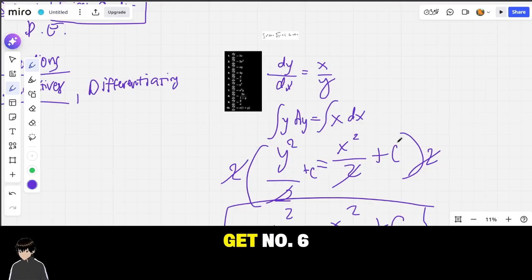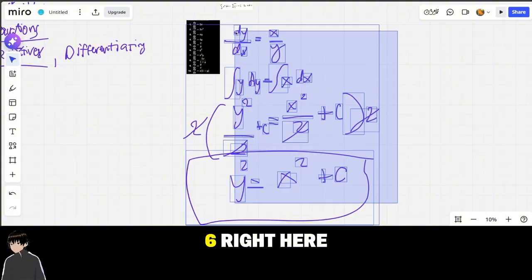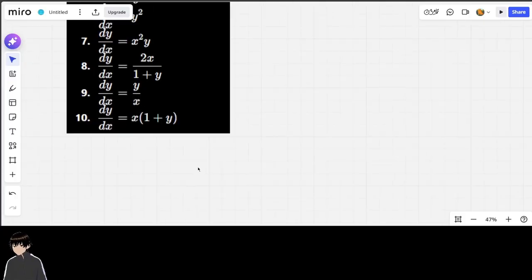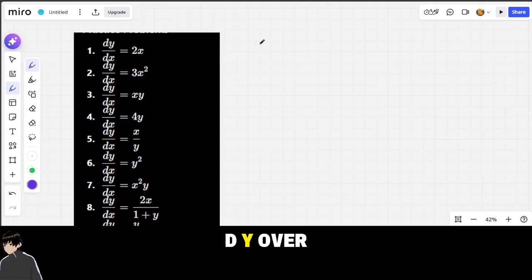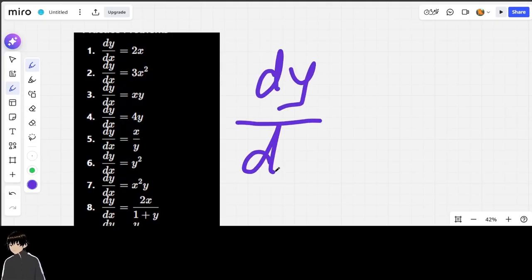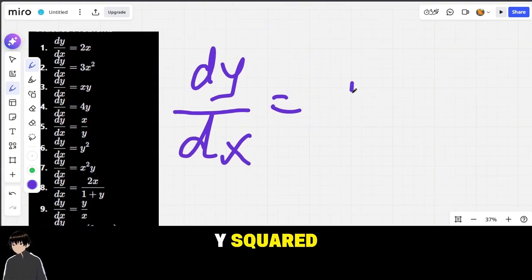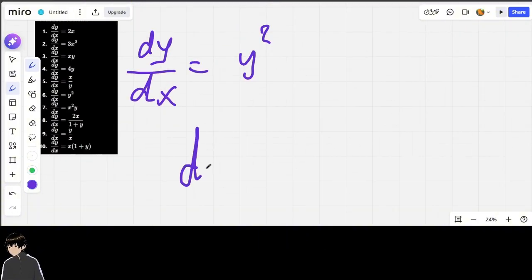Okay, so we're going to do number 6 right here. dy over dx equals y squared. Cross multiply, we get dy over y squared equals dx.